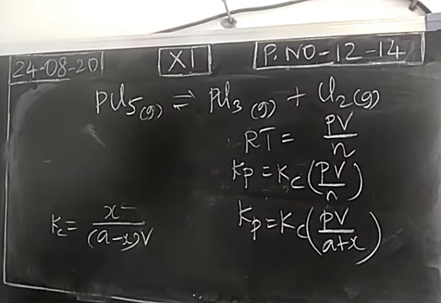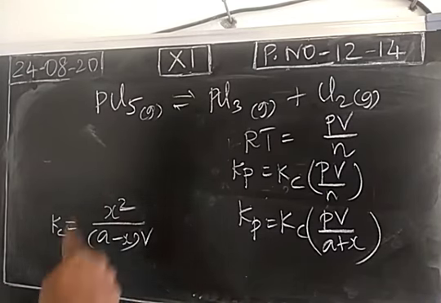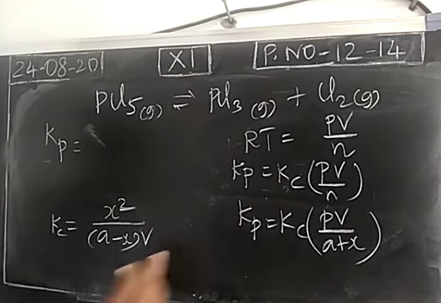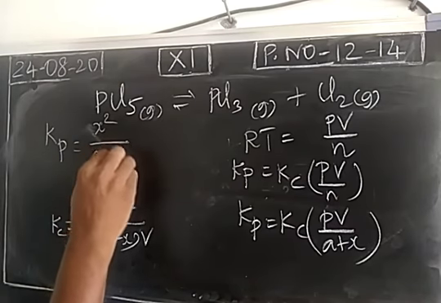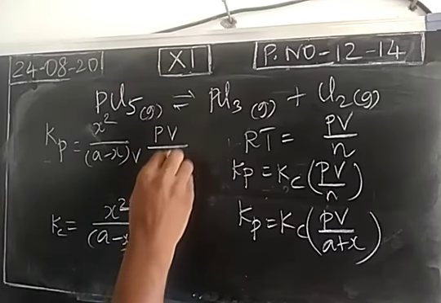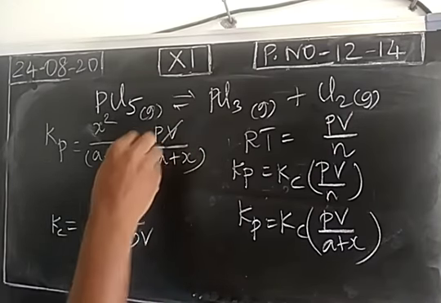And we know what Kc is. Kc is X square divided by A minus X into V. Just substitute this value in this formula. So Kp is equal to X square divided by A minus X into V, times PV divided by A plus X. V will be cancelled.